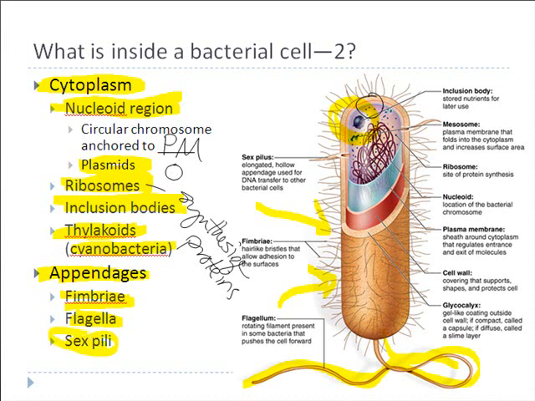And lastly, sometimes you'll even see sex pili, and they don't have one drawn in this picture. Oh, yes, they do. I'm sorry. Yes, they do right here. And sex pili are just simply hollow-like extensions that extend out from some bacterial cells and allow them to attach to another bacterial cell so that they can trade genetic information.